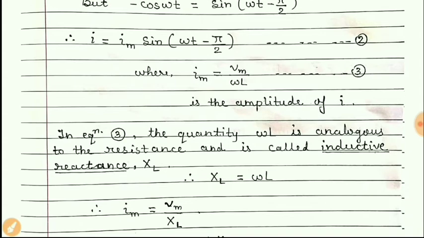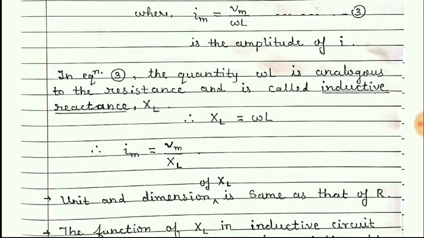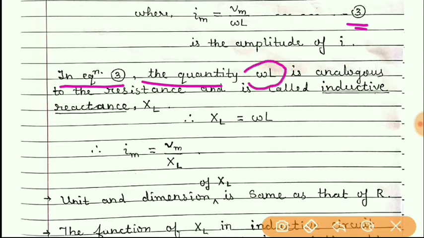Now here, in place of omega L we are going to write XL. So in this equation number 3, the quantity omega L is analogous to the resistance.